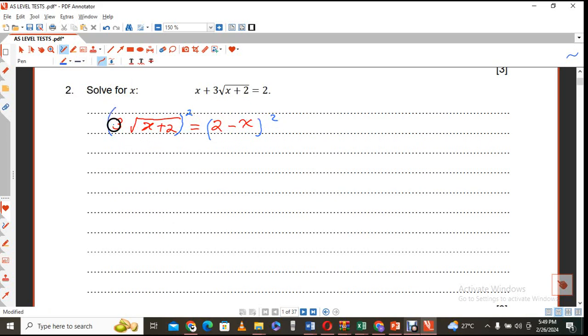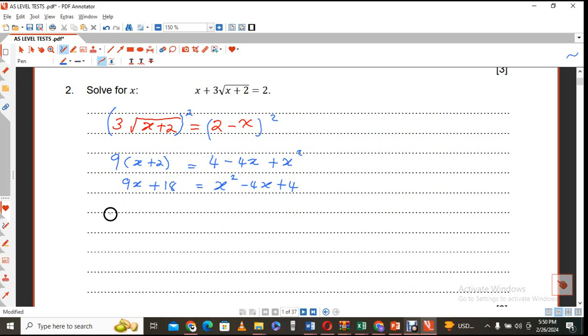So 3 squared is nothing but 9. The square root and the square cancel in this particular case, leaving me with x plus 2. And when you multiply this one out, you would have 4 minus 4x plus x squared. So this is 9x plus 18 equals x squared minus 4x plus 4, just rewriting it in that form.